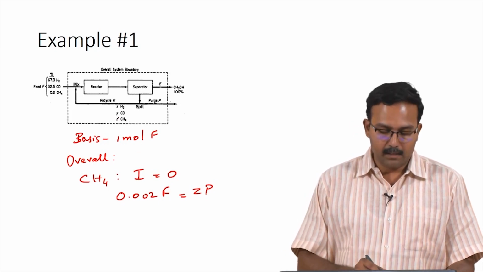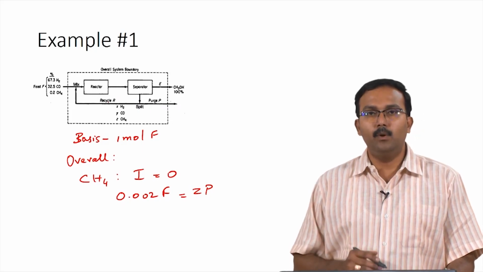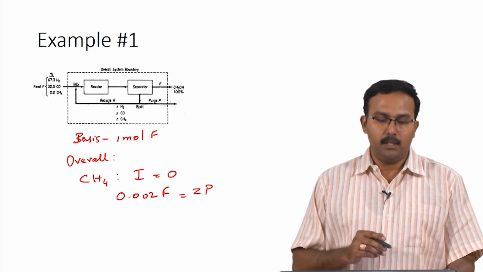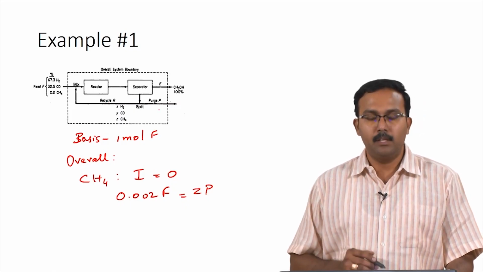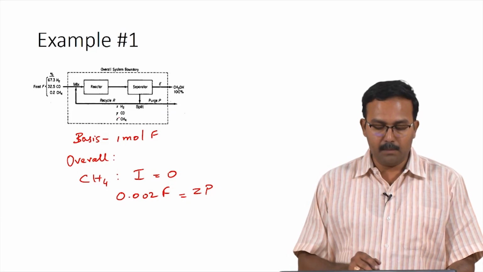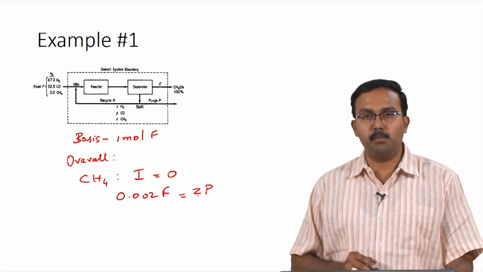As there is a splitter which splits the recycle and purge stream, we know that the concentration of methane in both the recycle stream and the purge stream would be the same. So therefore the mole fraction Z can be used for the purge stream also. That is why I am writing it as Z times P.